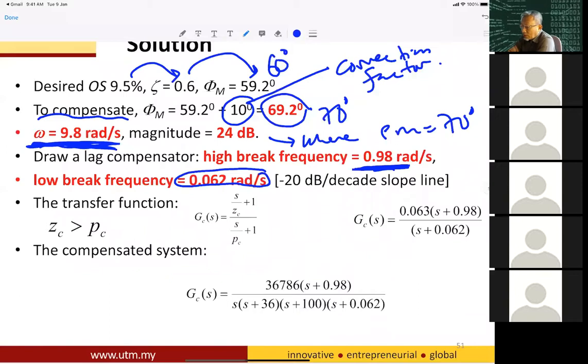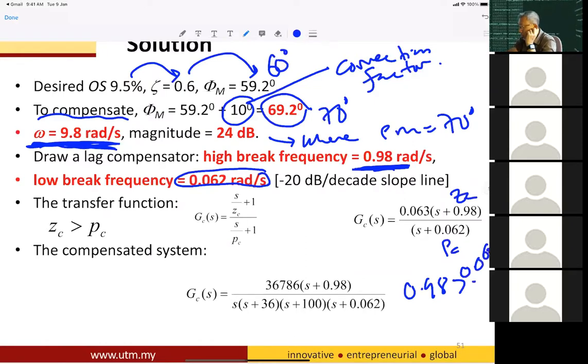So the transfer function now will become, this one is your ZC, and this one is your PC. You can see that the value of the compensator zero ZC, 0.98, is bigger than 0.062. So as long as your ZC is bigger than PC, your answer is correct.